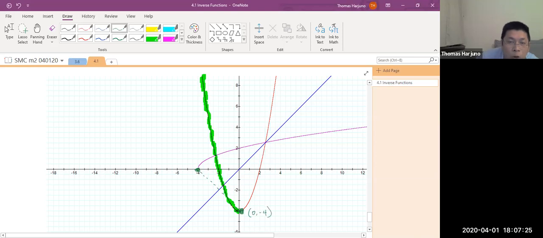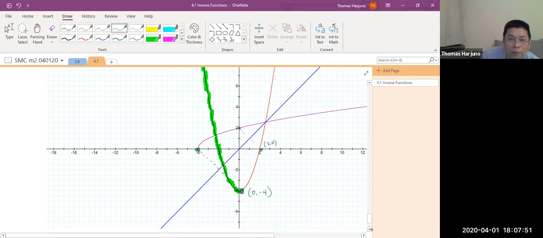So if we know the x-intercept of the original function, then we know the y-intercept of the inverse function. The y-intercept of the original function is (0, 2), reflected with respect to the y = x line. Then for the inverse function it becomes (2, 0).